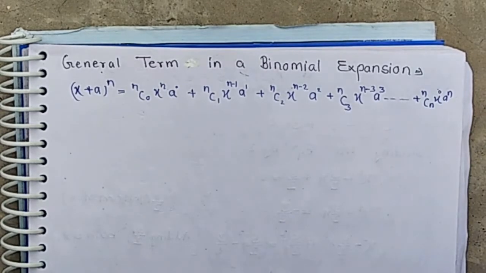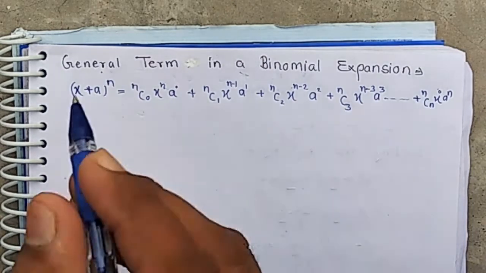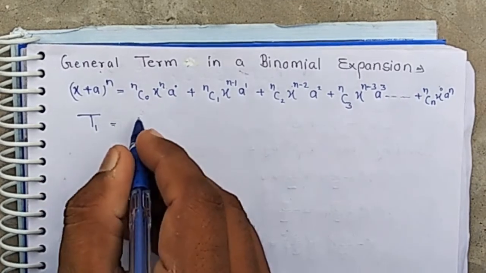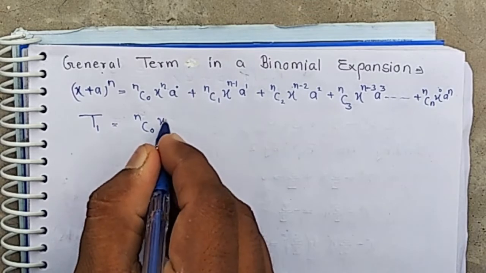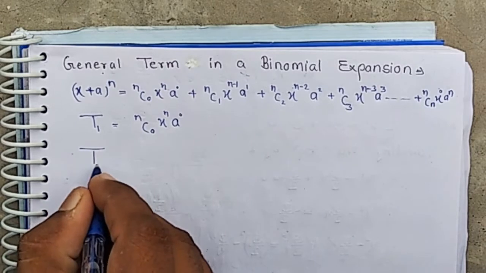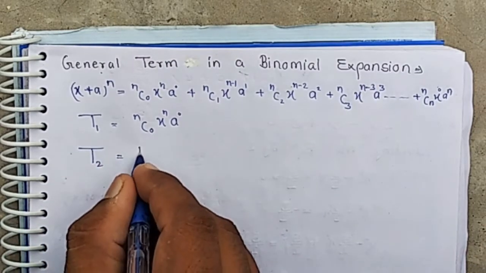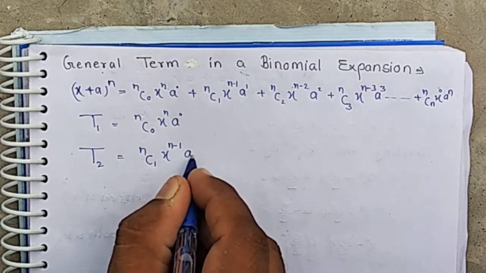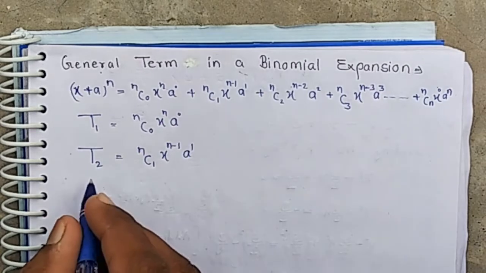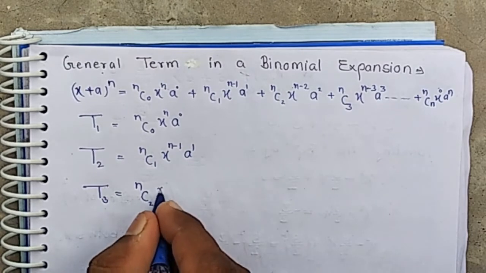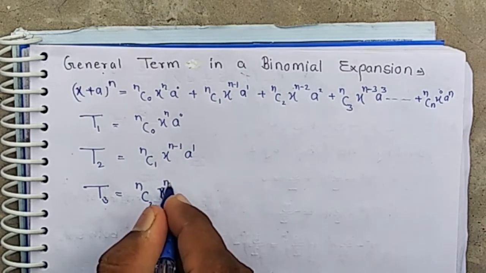If we have to find a general term in a binomial expansion, we first see what the first term is. T1 is given by nC0 x^n a^0, T2 is nC1 x^(n-1) a^1, T3 is nC2 x^(n-2) a^2, where the index is one less than 3.